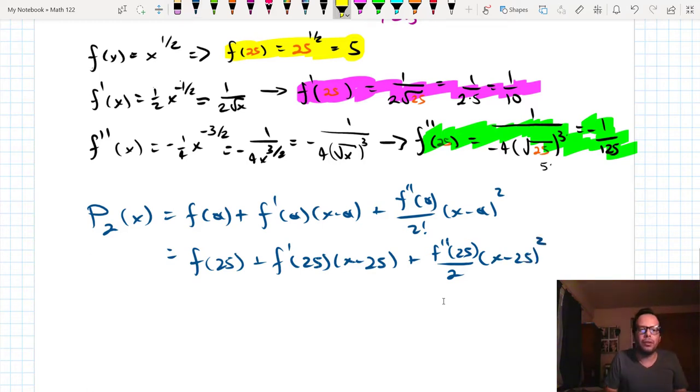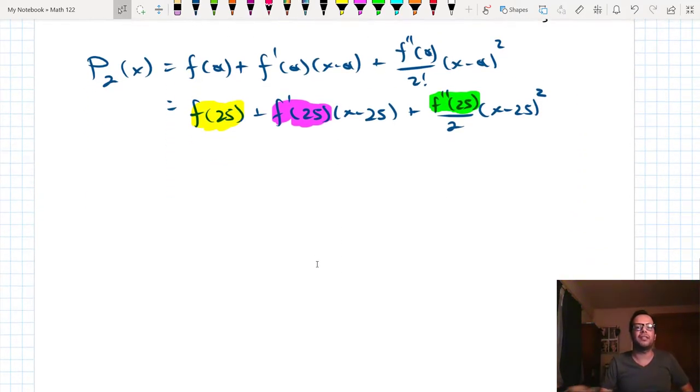Okay, so color coding, f of 25 is 5, f prime of 25 will be this quantity 1/10, and then f double prime evaluated at 25 is this quantity negative 1/125. So let's plug in the numbers, and we're almost done. Actually, it's not going to take as long as the previous example.